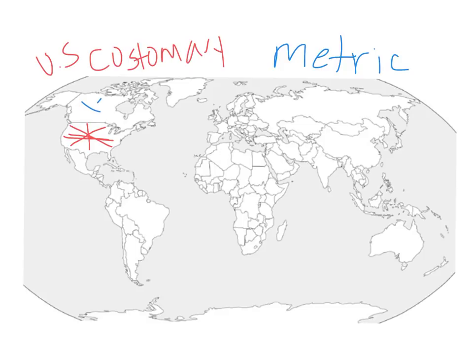Places like Canada and Spain and France and Germany and Russia and China and Australia and Brazil, they all use this type of measurement. Here in the United States, we use the U.S. customary unit.